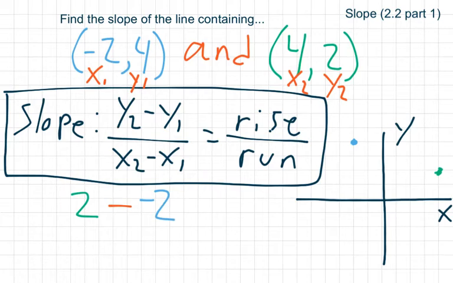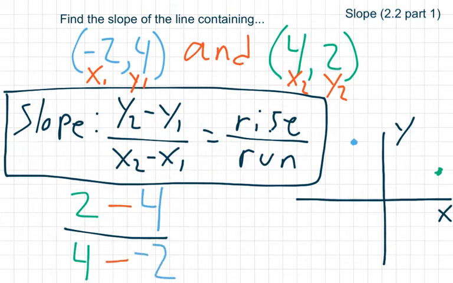I'm sorry, that's not correct. My y1 is 4, not negative 2. Don't make the mistake. So it's 2 minus 4, and that's over x2, which is 4, and then minus x1, which is negative 2. So I've taken this formula, applied it down here with my points.